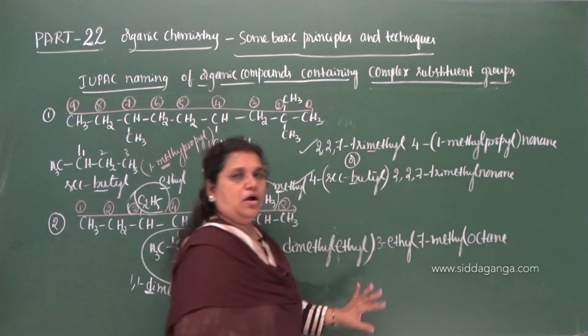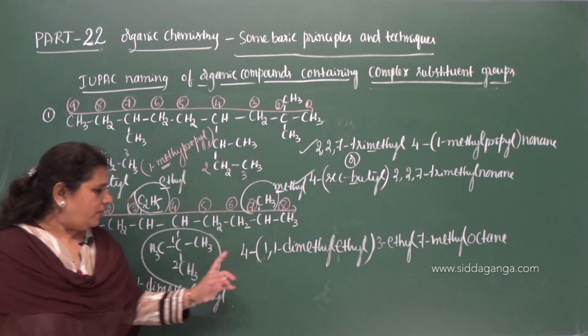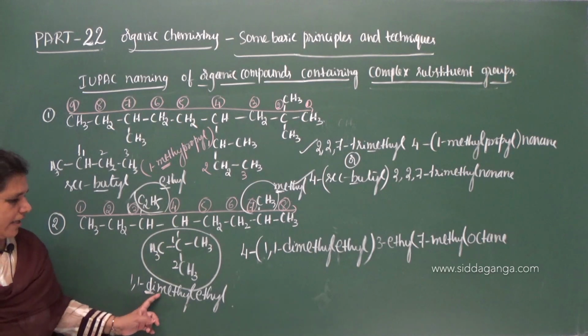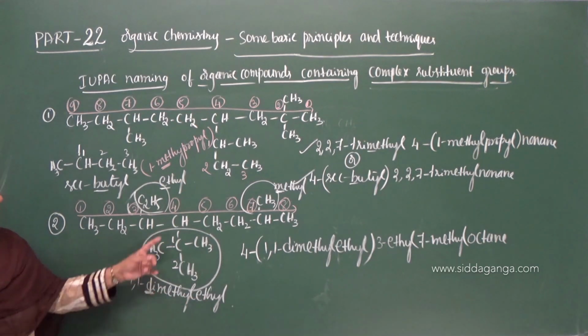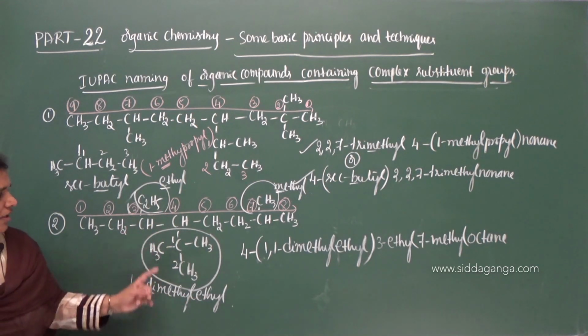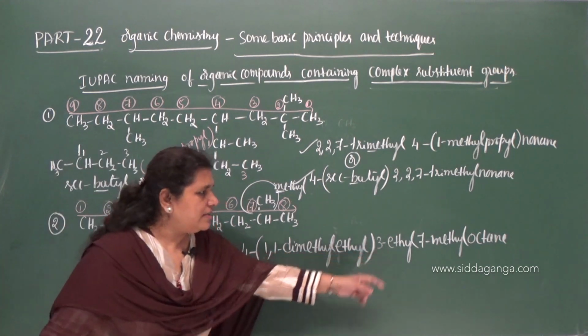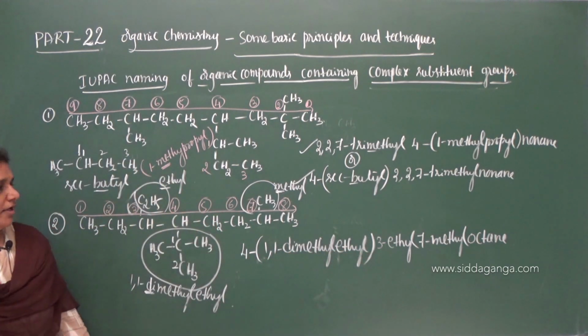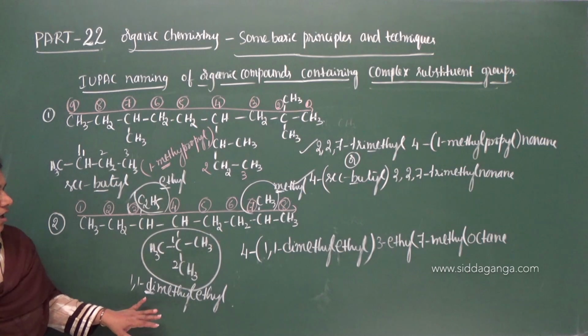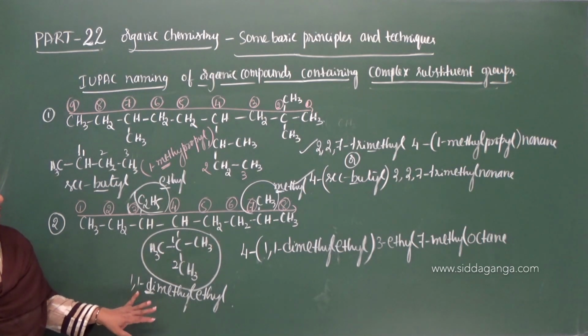So 4-(1,1-dimethyl ethyl)-3-ethyl-7-methyl octane. So this is the IUPAC name of the given compound.